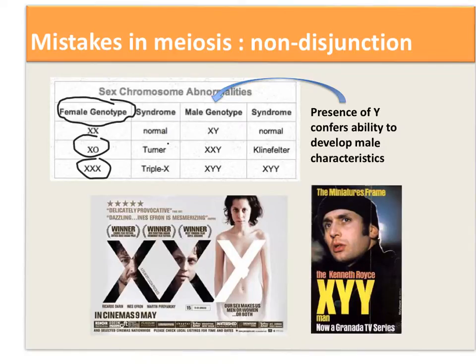And then, of course, you can actually have an XYY, kind of like a super male. There was a time, quite a number of years ago, that suggested that males with an extra copy of Y were more aggressive and were more likely to commit crimes. Now, this is before they were sequencing, but they had figured it out using Mendelian genetics, because they could actually see the chromosomes. They didn't know which allele it was. Okay?